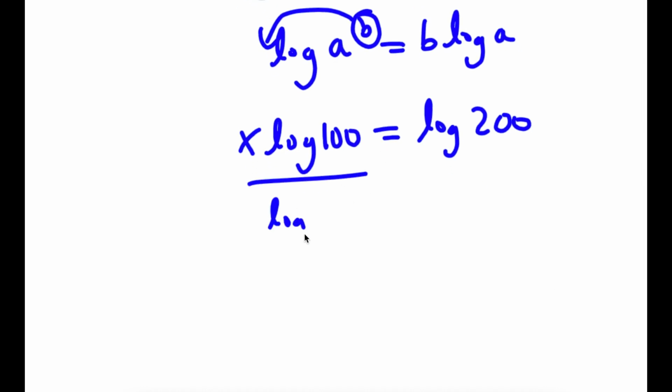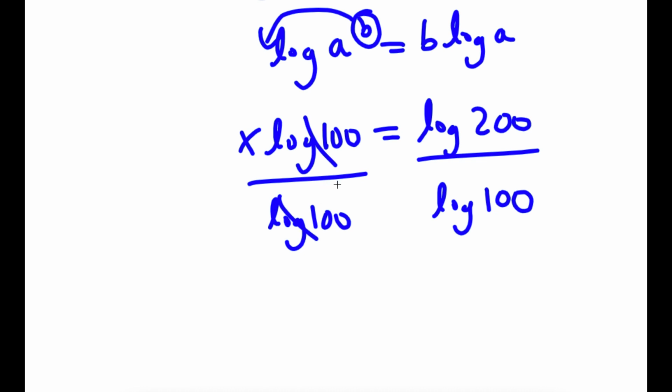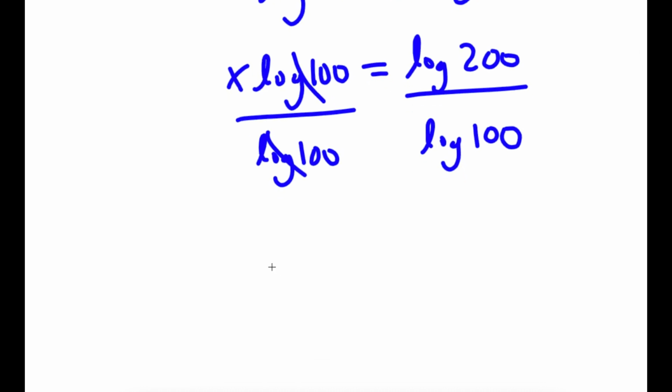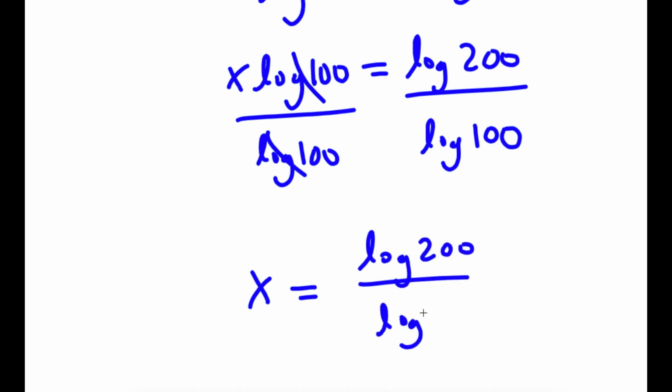Now I'm going to divide both sides by log 100. So then these two cancel out, and now I have x is equal to log 200 over log 100.